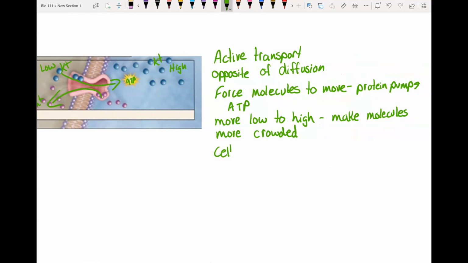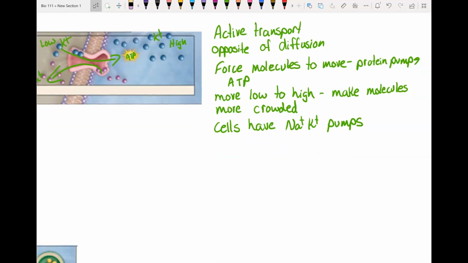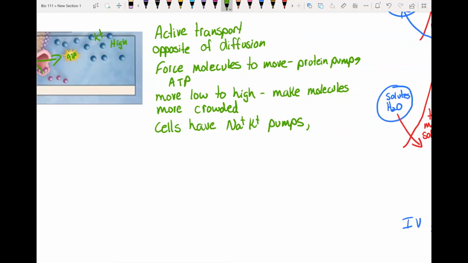Your cells have sodium-potassium pumps. And these are found in most of the cells in your body. They are especially important in neurons.